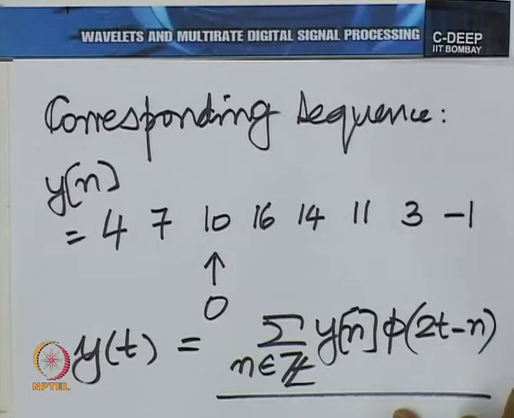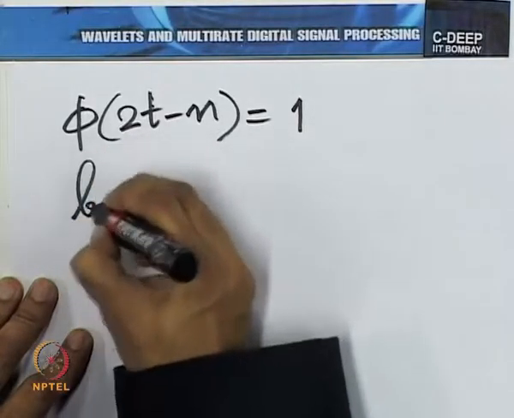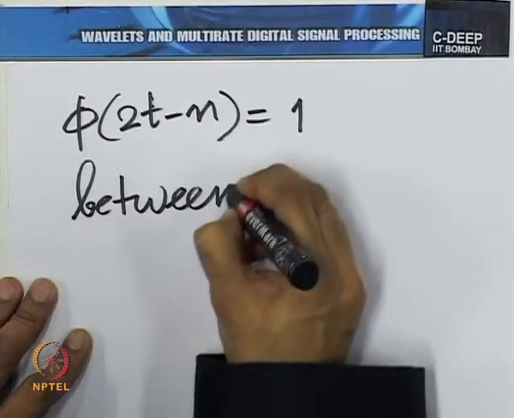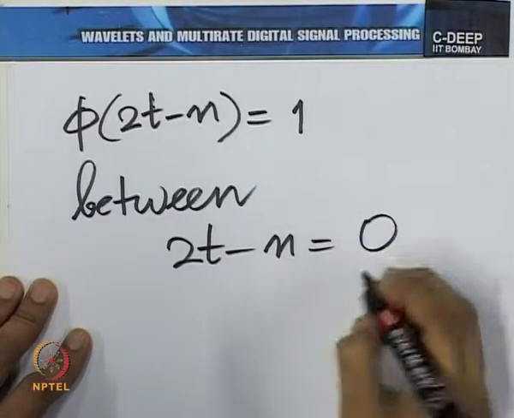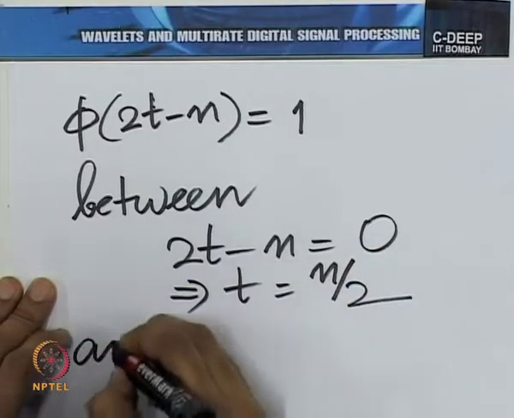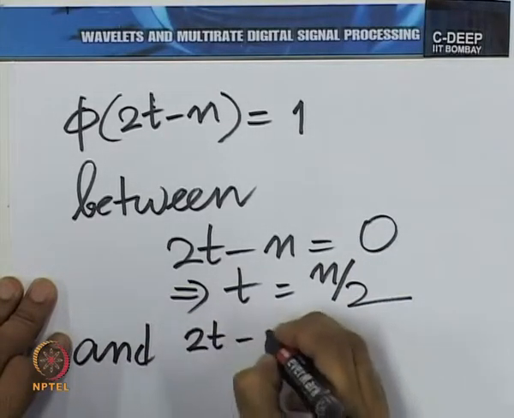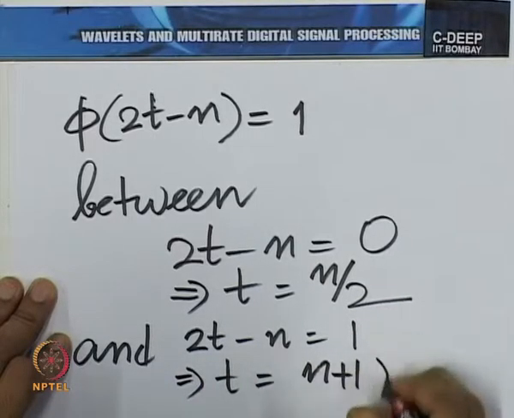Notice that phi of 2 t minus n is by definition going to be equal to 1 between 2 t minus n equal to 0, that is t equal to n by 2, and 2 t minus n equal to 1, which means t is n plus 1 by 2.